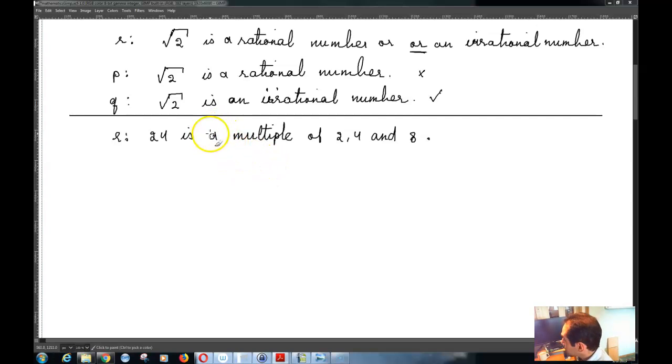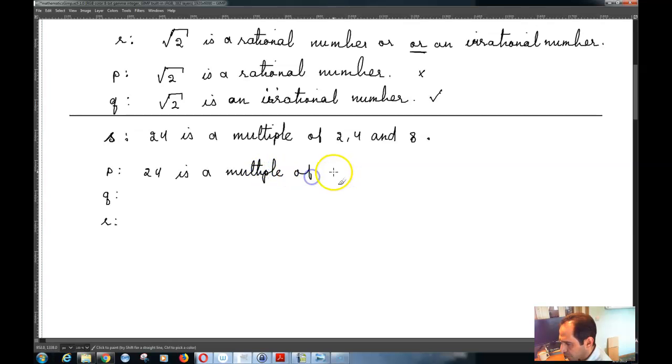So the component statements are, for example, P, Q, and R, and I can call this statement S. Then you can say that 24 is a multiple of 2, 24 is a multiple of 4, 24 is a multiple of 8.